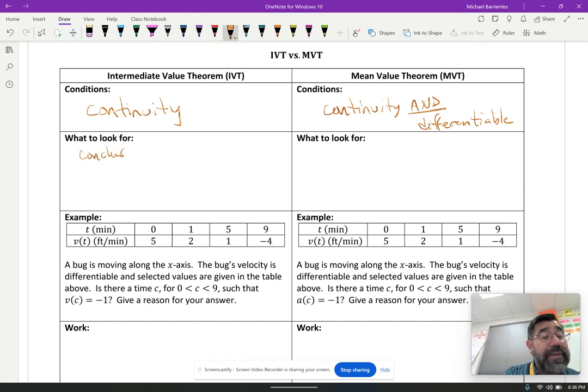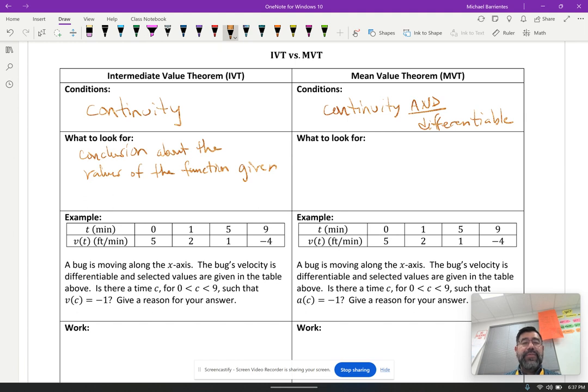I'm sorry, with the intermediate value theorem, we're looking for a conclusion about the values of the function given. In other words, if they give me a table, if they give me a graph, if they give me an equation, they're asking me something about those function values.